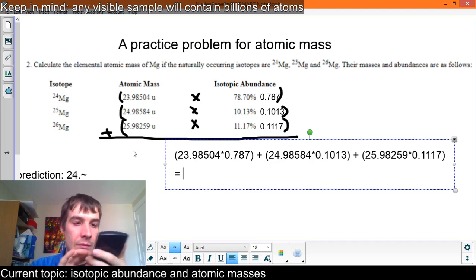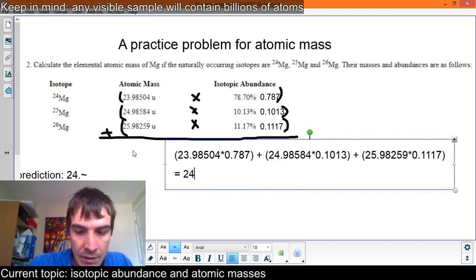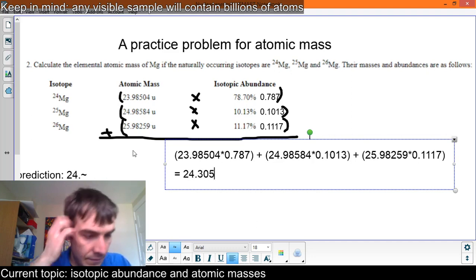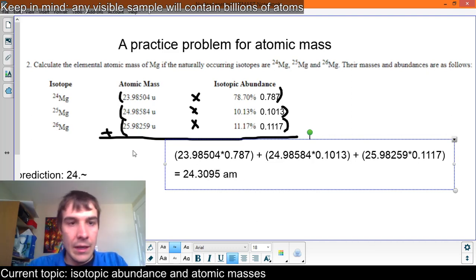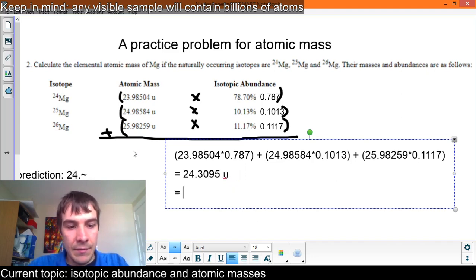Nope. Calculator's throwing an error at me. That seems good. There we go. I get 24.305 AMU, or just U, or if we round it, maybe 24.31 units, something like that.